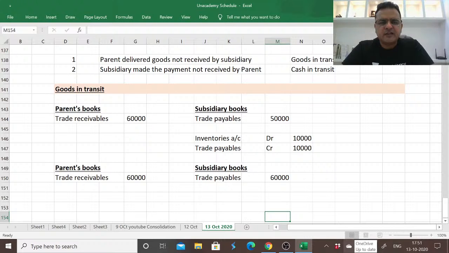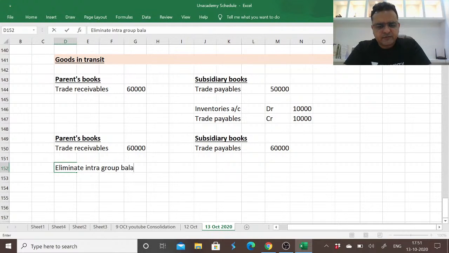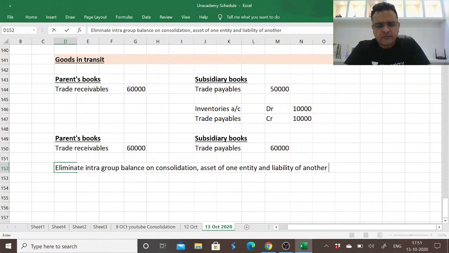The second step is to eliminate intra-group balances on consolidation. Asset of one entity and liability of another gets cancelled.